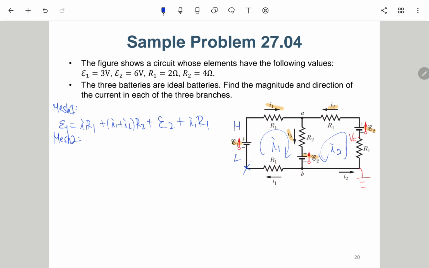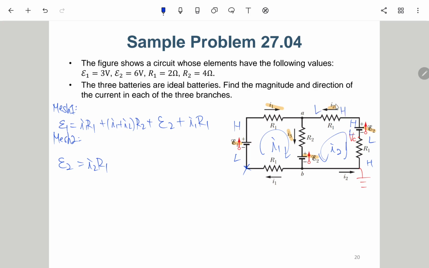Let's say this is the loop. This is high, this is low. So let me try to put it on the right side. So this is I2 R1, and this is low, this is high. I try to put it on the left side, so this is E2, and then low high and then high low.